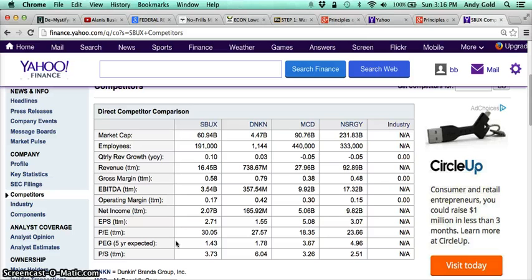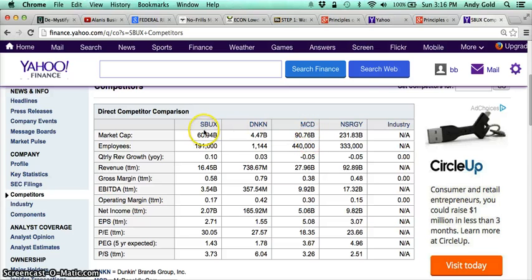We can see that Starbucks has a market capitalization, which is the share price times the number of shares, of $60 billion. And that's sometimes viewed as the value of a company's stock. So it's slightly smaller than McDonald's, which has a $90 billion market capitalization.